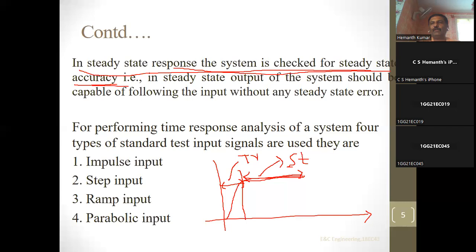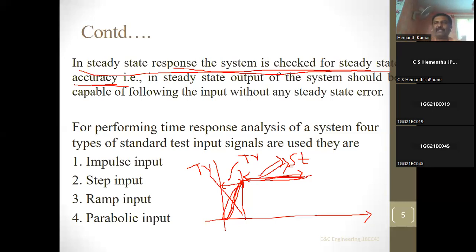From this point onward, the system is accurate because you won't have any variations with respect to the output. Before that, there is variation from input to output. It takes a certain finite time to reach from zero to this maximum value. This maximum value is normally referred to as steady state, and the rise is always referred to as transient response.